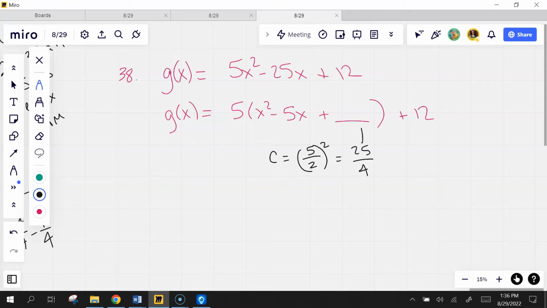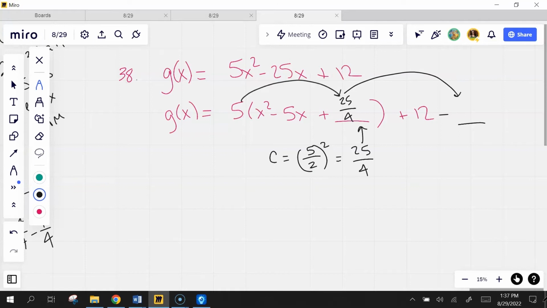Every time. That's what forces it to square dance. I can't just subtract 25 over 4. It has to be 5 times 25 over 4. That's what I subtract here.